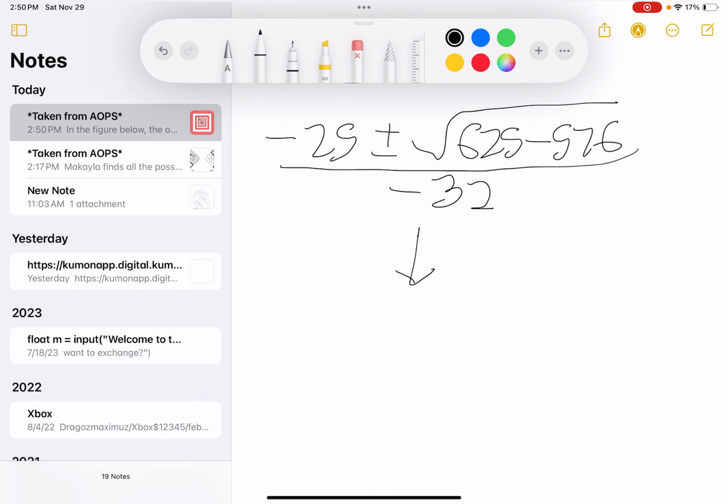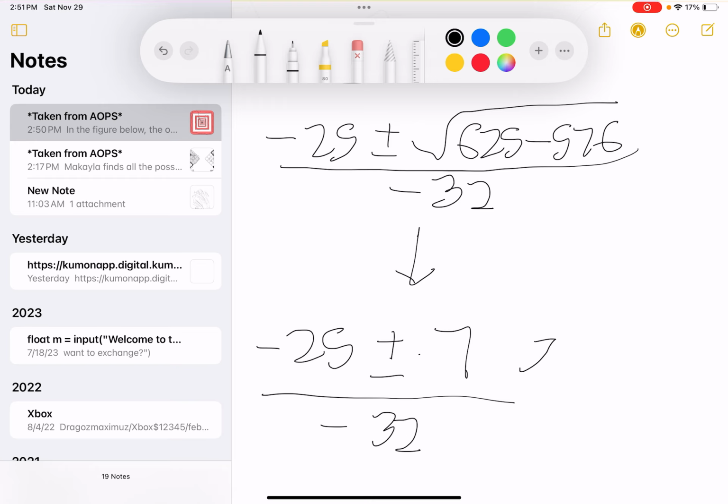We'll quickly simplify everything, and we get negative 25 plus or minus the square root of 49, which is just 7, over negative 32.